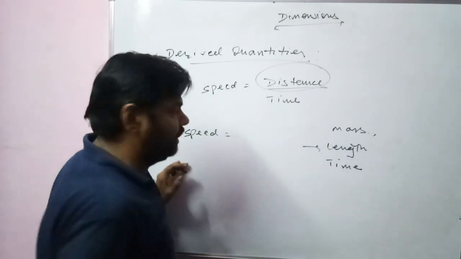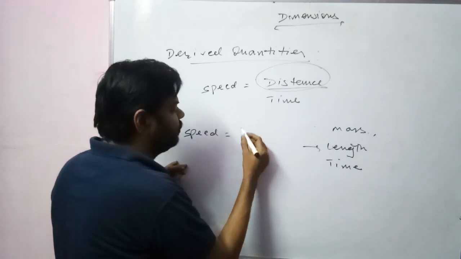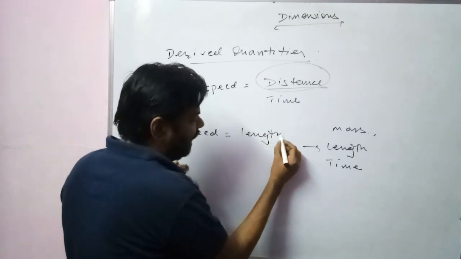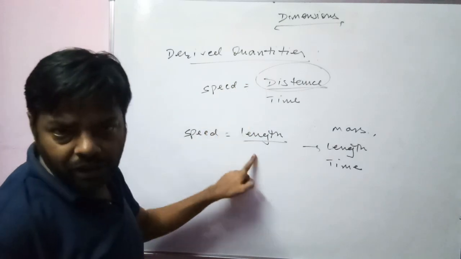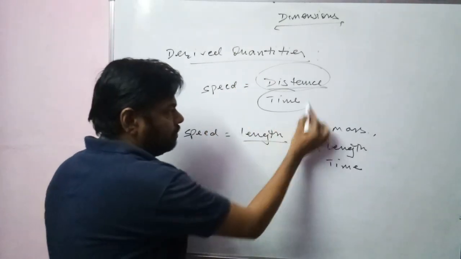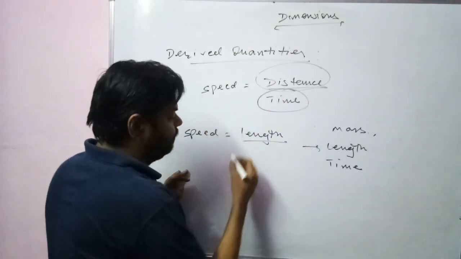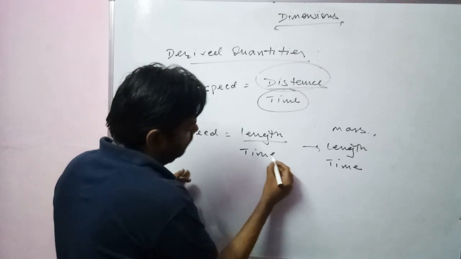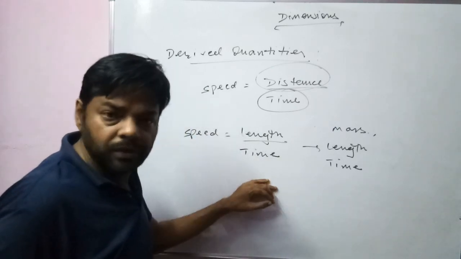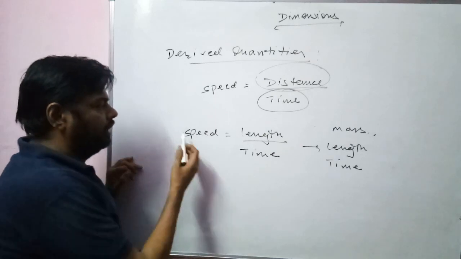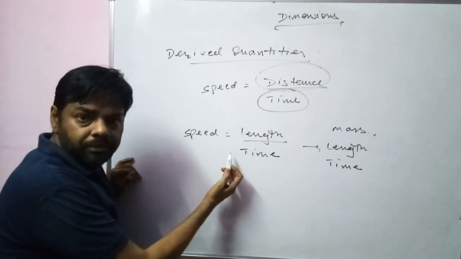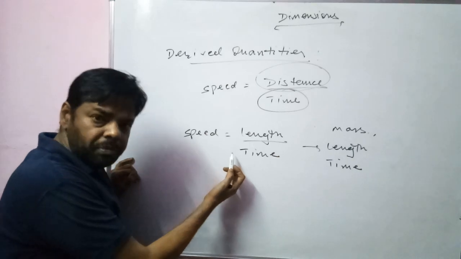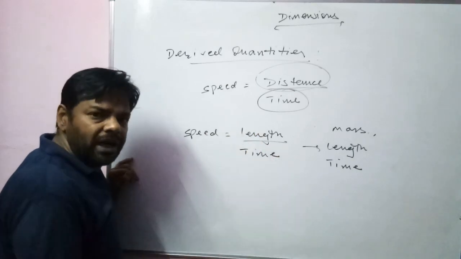Distance is just a kind of length. So in place of distance, we can write length. And time itself is a fundamental quantity, so time is written as it is. So now I can say that the calculation of speed will involve length and time, and the calculation would be length divided by time.